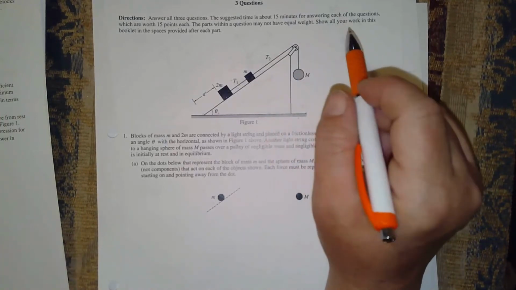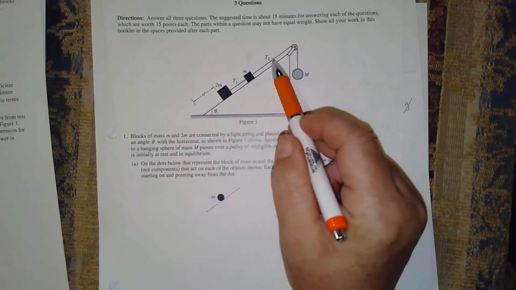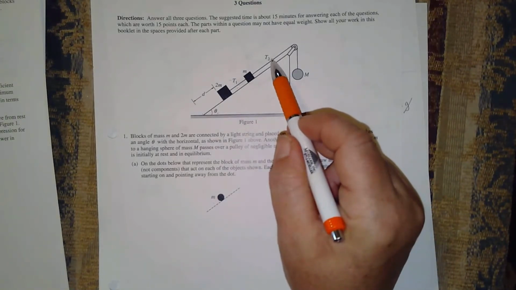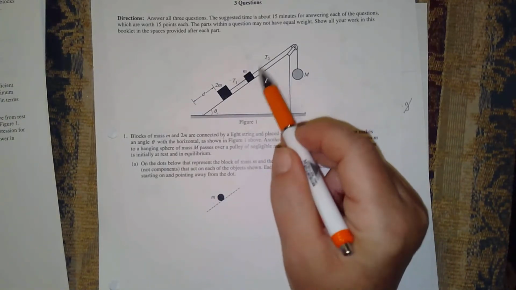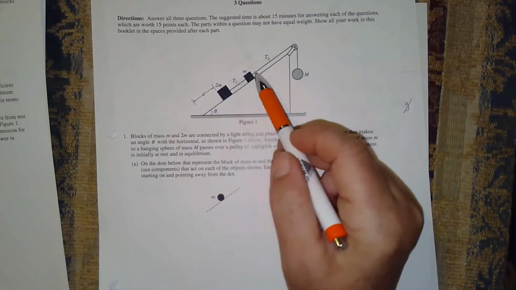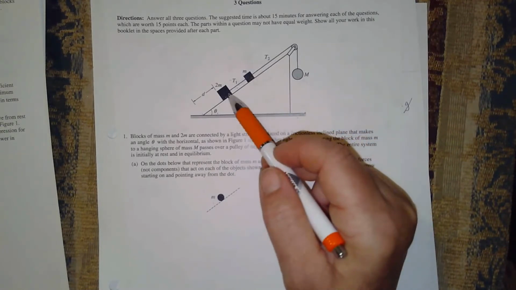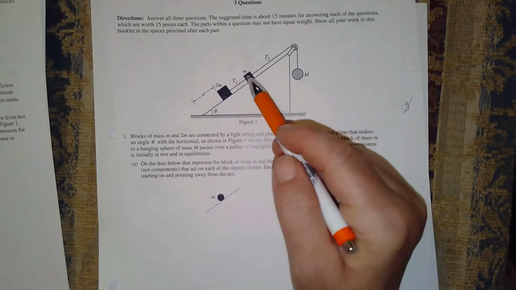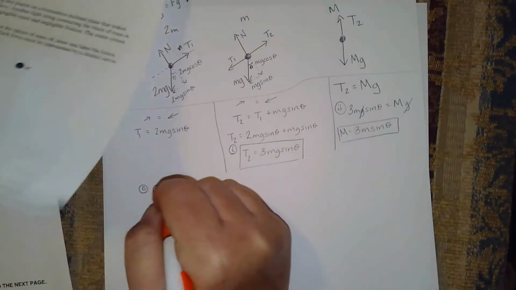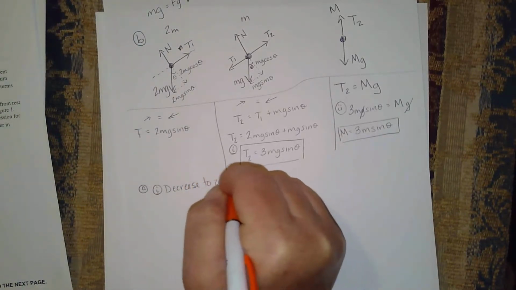Well, it's going to go to 0, because when you lose the pull from this side, you lose that tension. When you lose that tension, this one was already going up, and so this one was already going up as well. And so this tension in between, you can imagine that rope just goes slack. So on part I, it's going to decrease to 0.